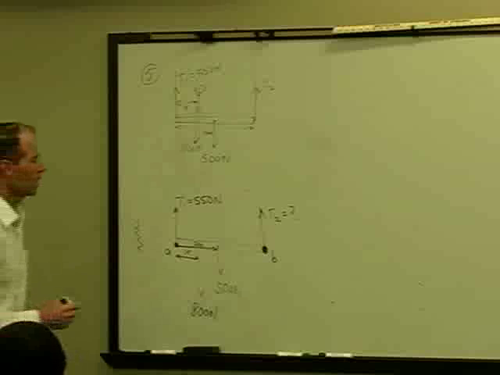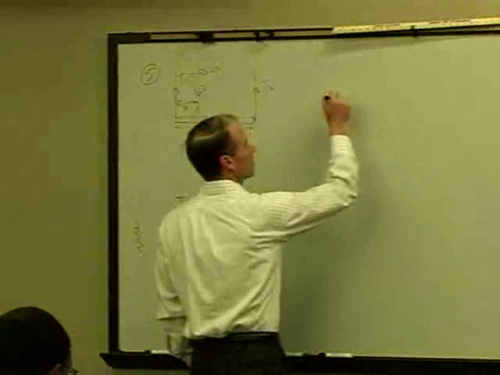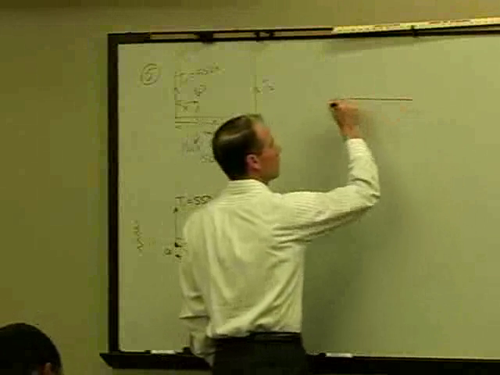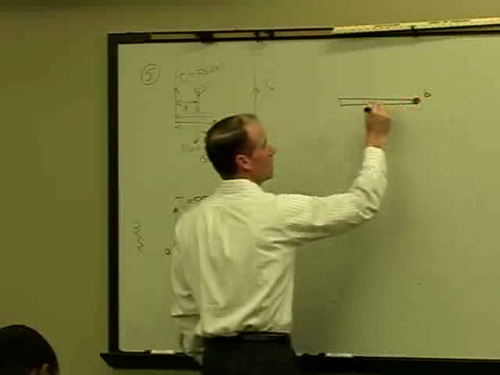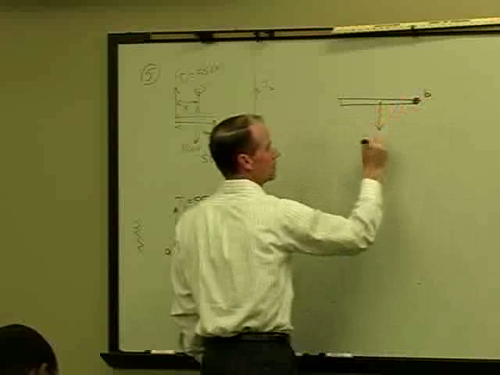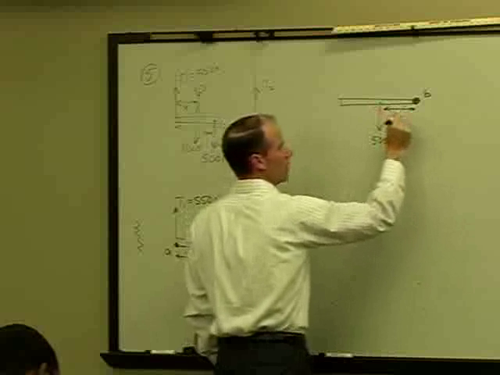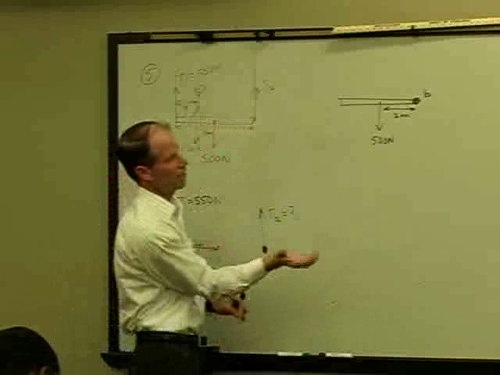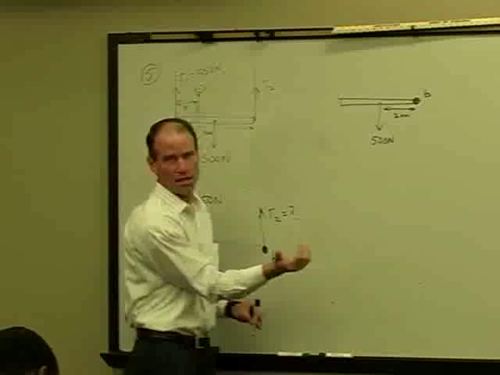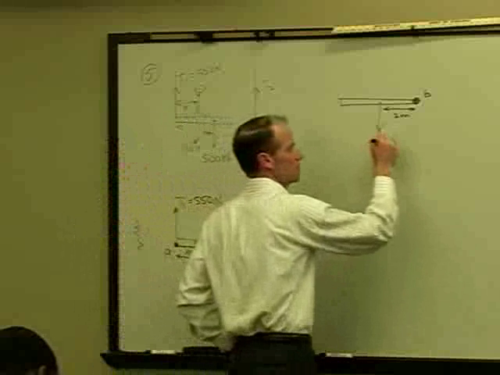Now if I do a little torque diagram on that, it might look something like this. Here's point B. Here's 500 newtons. Now that is 2 meters away from point B. And that 500 Newton force is trying to make this rotate counterclockwise, which would be a positive torque.